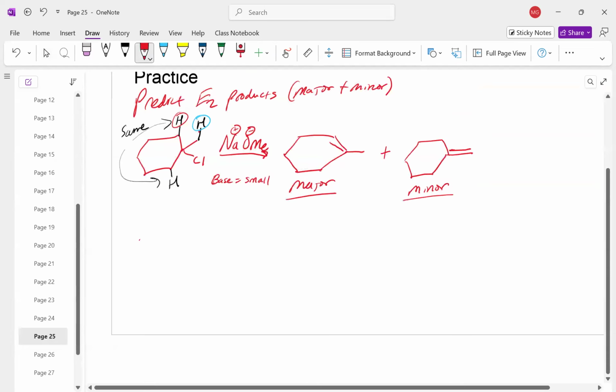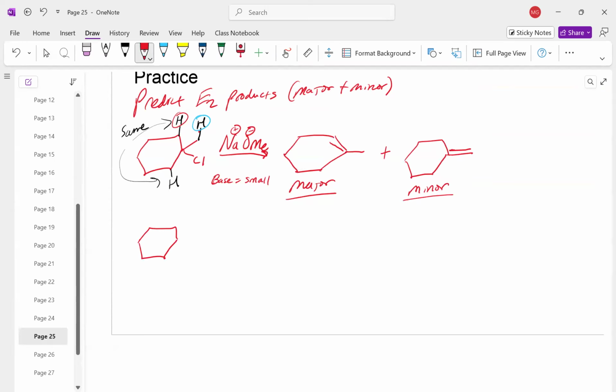All right, let's contrast that with this one. I'm going to use the same exact substrate. But now that I look at the base, this is one of those big, bulky, strong bases I want you to memorize. Tert-butoxide is a bulky base.